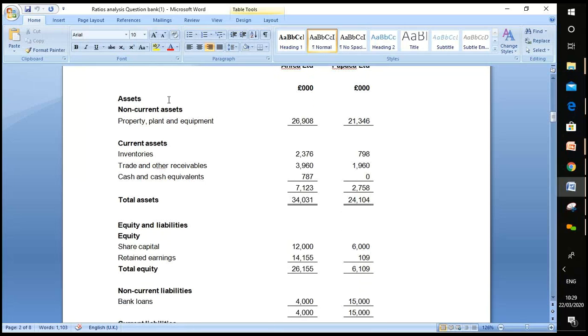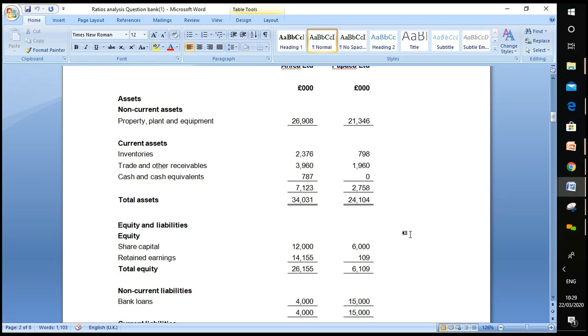They have plant and machinery, which is a long-term asset, in both companies, and Anika has more than Papika. Then the current assets, which are the most liquid, are 7,123 pounds for one and 2,758 for the other.